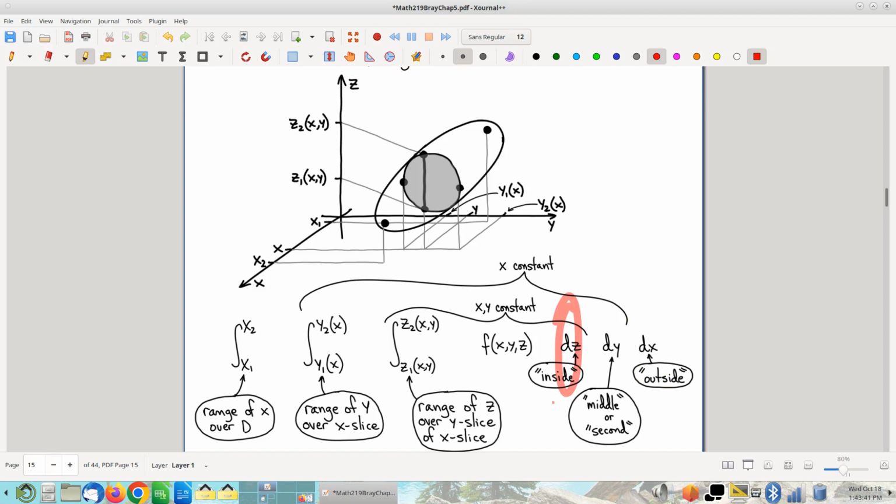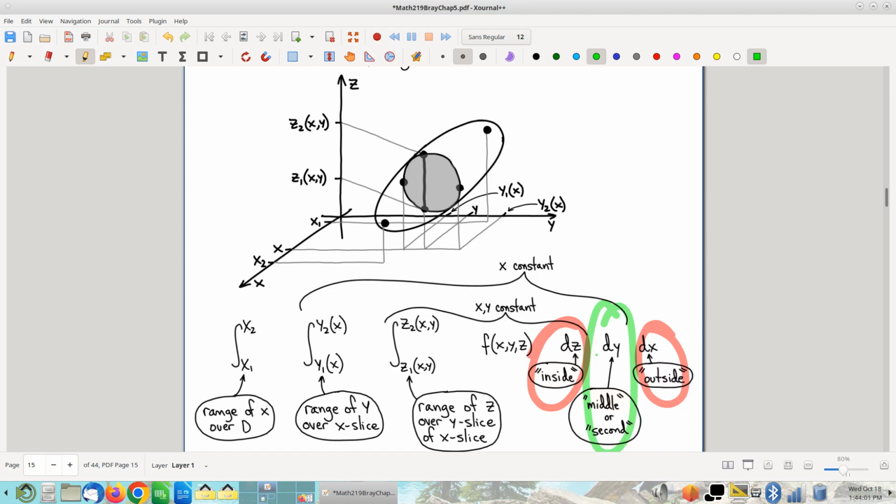You've got to be real careful about that language. So I like to use outside and inside for the obvious differentials there, and then the one that remains, you can call it middle, or conveniently, you can call it second, and no misinterpretation is possible because it's second in both senses.